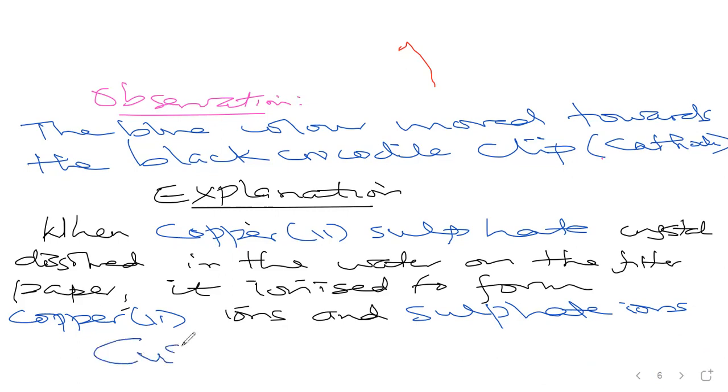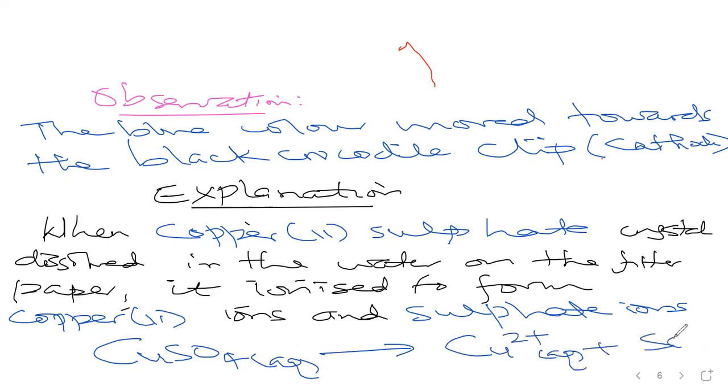So the copper 2 sulfate crystal dissolves in the water of the filter paper to form an aqueous solution containing copper 2 ions and sulfate ions. Sulfate ions have a negative charge of 2. Now the copper 2 ions, being positively charged, migrate to the cathode, which is negatively charged. And the sulfate ions, being negatively charged, migrate to the anode, which is positively charged. So that's the case in this experiment.